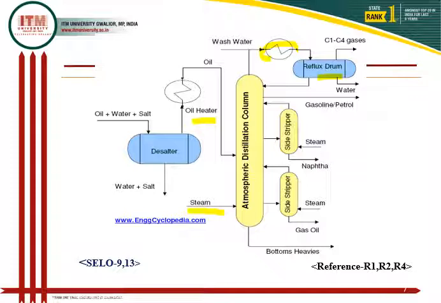And finally all the heavier fractions which are collected at the bottom of the distillation column are sent to the vacuum distillation assembly for further separation. Understood? So this is how the process is carried out, and the pressure should be maintained. Under that pressure the lighter fractions can easily vaporize.